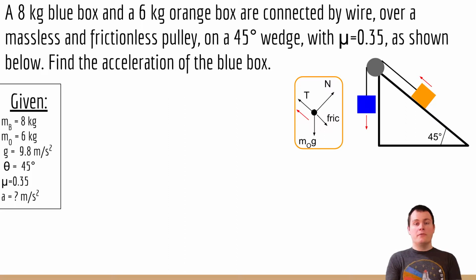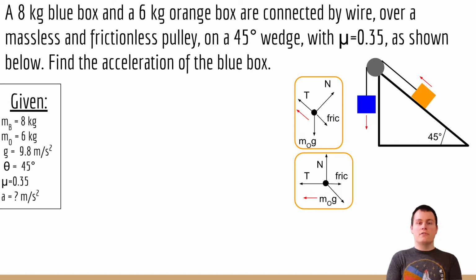Now we have 3 out of the 4 forces at an angle to the normal XY axes, so I'm going to rotate those so that those 3 line up with the axes, and we only have the force of gravity at an angle.